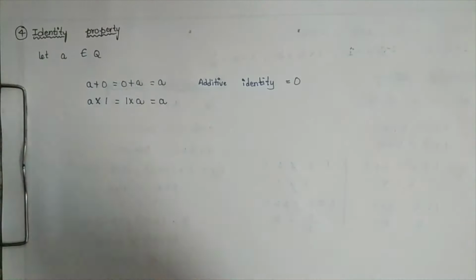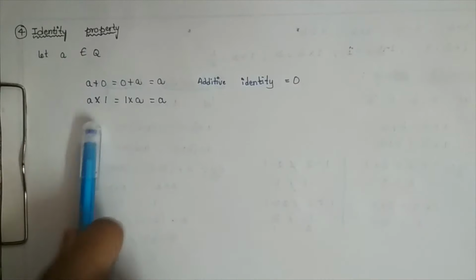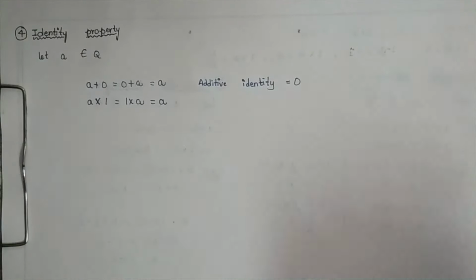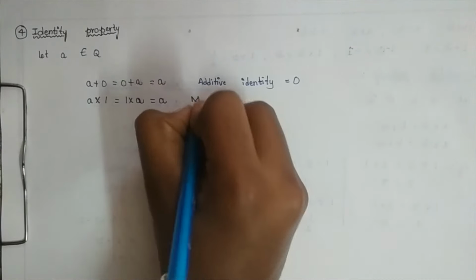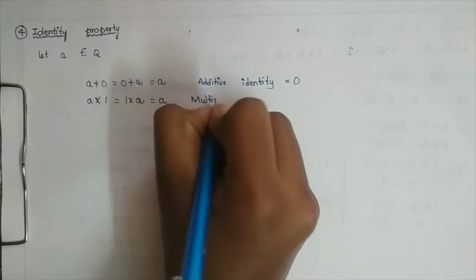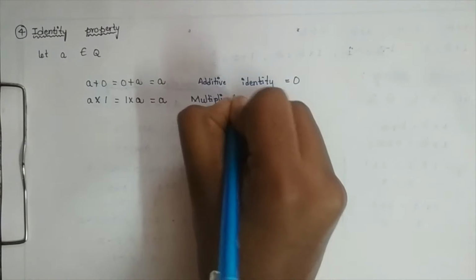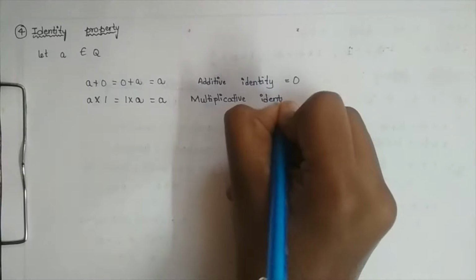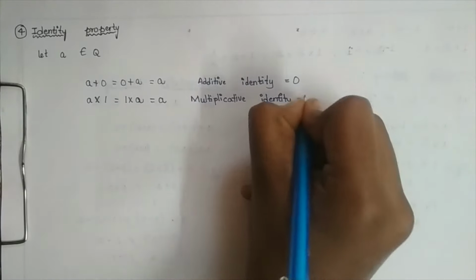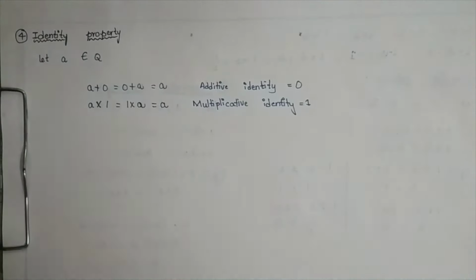So anything multiplied by 1 or 1 multiplied by any number gives the same number. So the multiplicative identity is 1. So identity property is over.